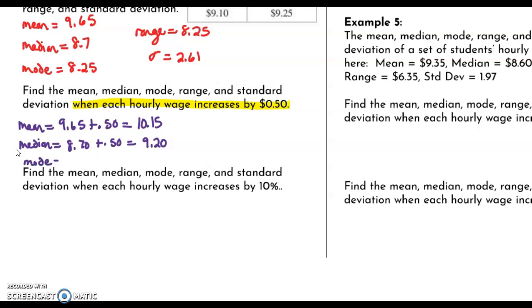The mode is 8.25. We're going to add 50 cents: 8.25 plus 50 cents is 8.75. That's the new mode. And the range and the standard deviation, when you're adding the same number, stay the same. So the range is still going to be $8.25, and the standard deviation is still going to be $2.61.